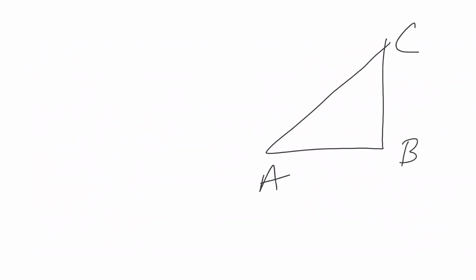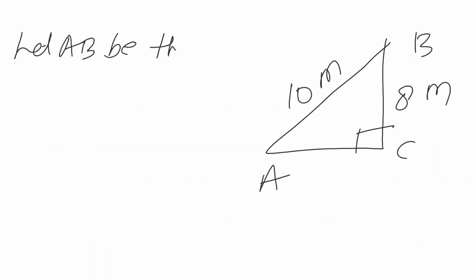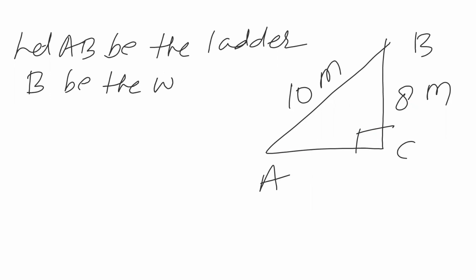But in the examination, you have to write in the systematic way. Here it is A, this is B, this is C, this is 8, this is 10 meter. Let AB be the ladder, B be the window, and CB be the wall.